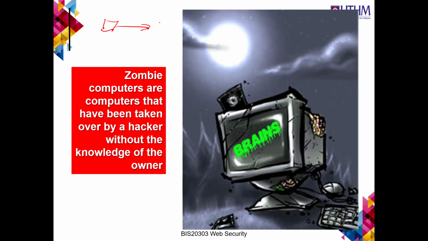Okay, we have another network, and then it's been affected by a bot, for example, and then all of these nodes become a zombie, and then it's connected to the internet. Okay, and then it's connected to the target server.